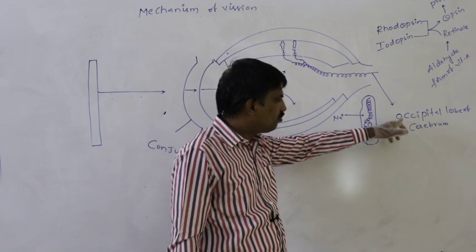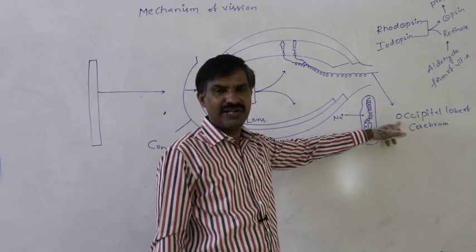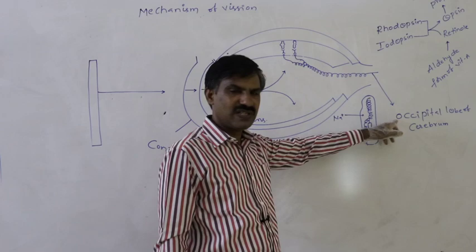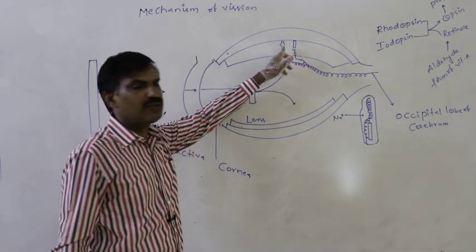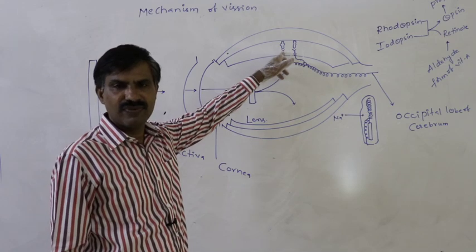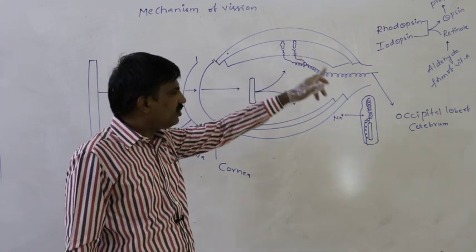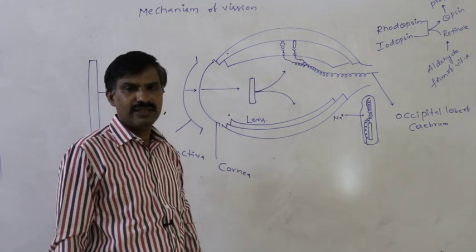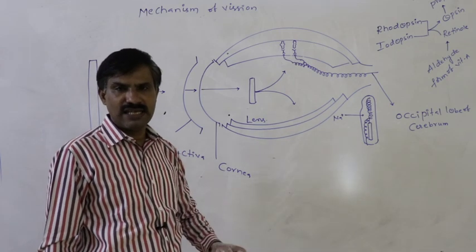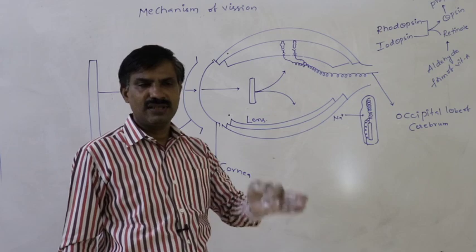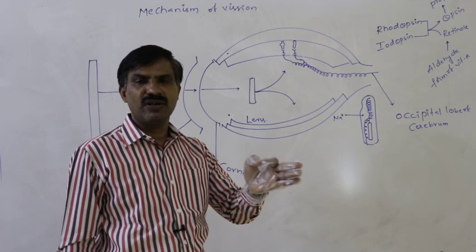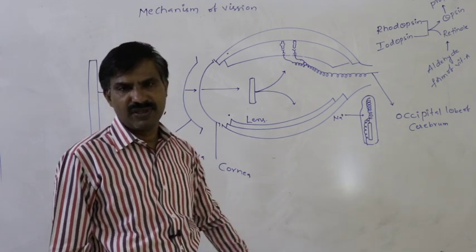Later, motor information is generated in the occipital lobe of the cerebrum. Later, that information is conducted to the photoreceptor cell. According to that information, in the photoreceptor cell, the image is recorded, which is responsible for the viewing of the object.